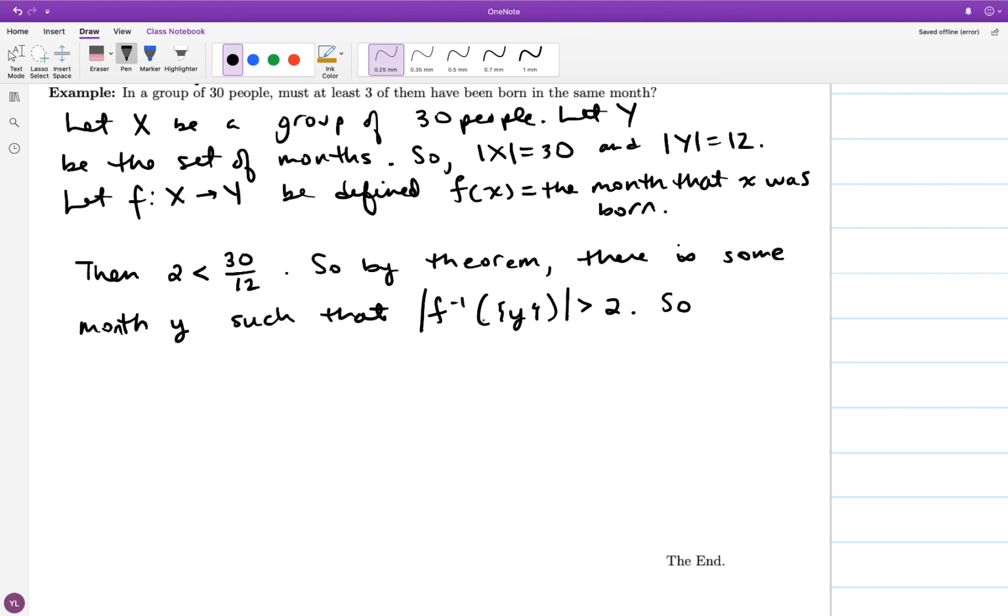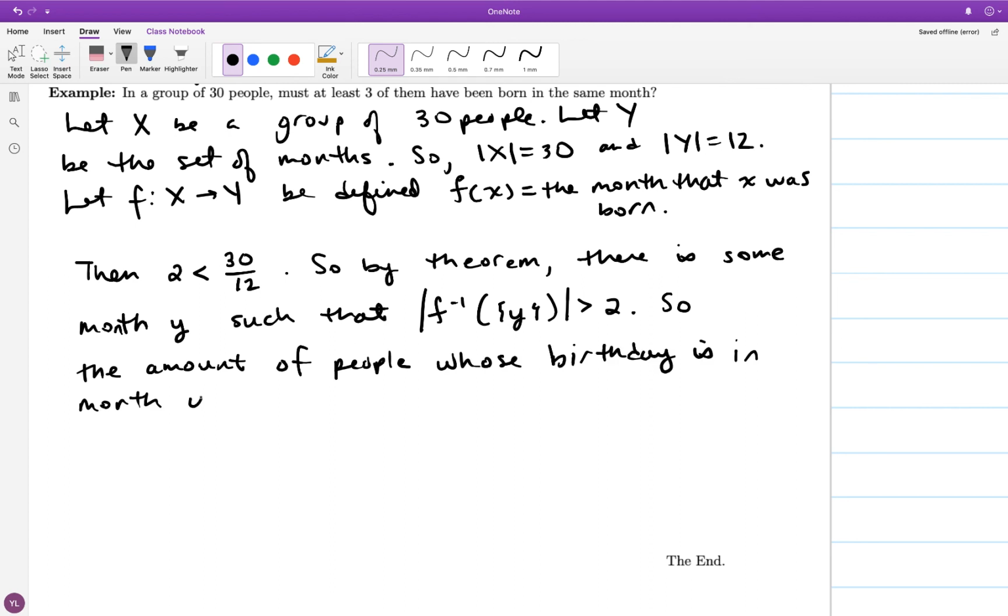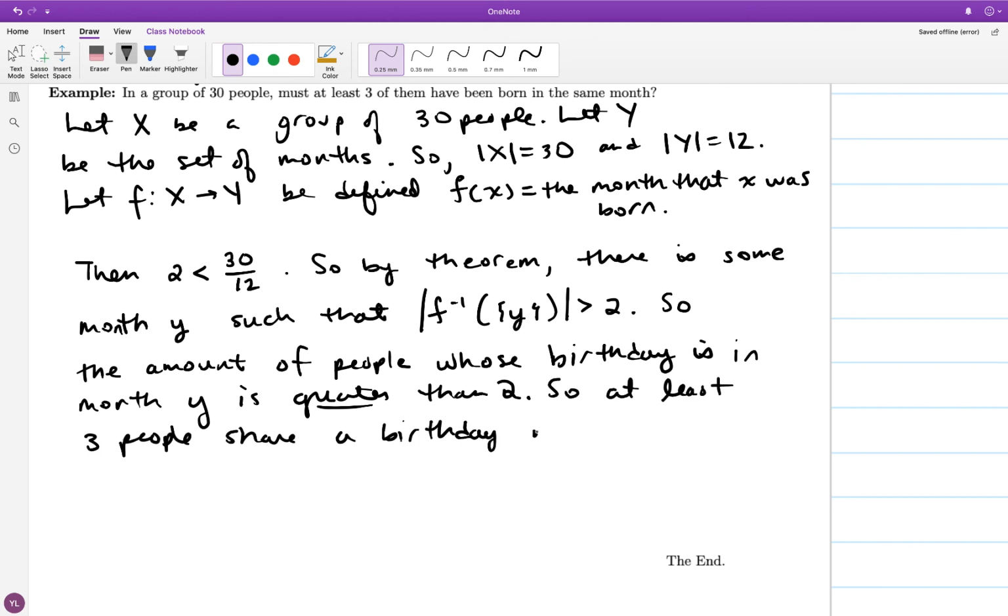Let me write this out into words. The number of people whose birthday is in month y is strictly greater than 2. So at least 3 people share the same birthday month. Okay, so this is how to use the generalized pigeonhole principle to make a counting argument like this.